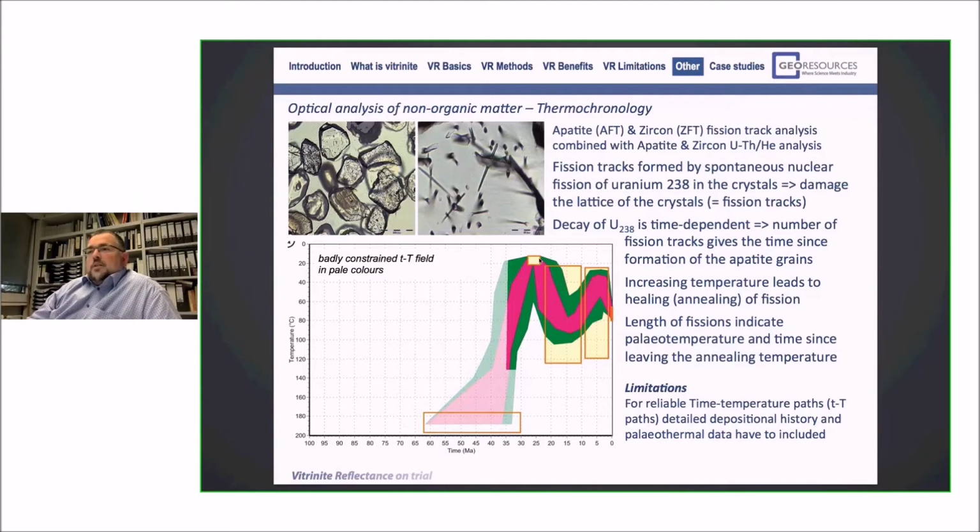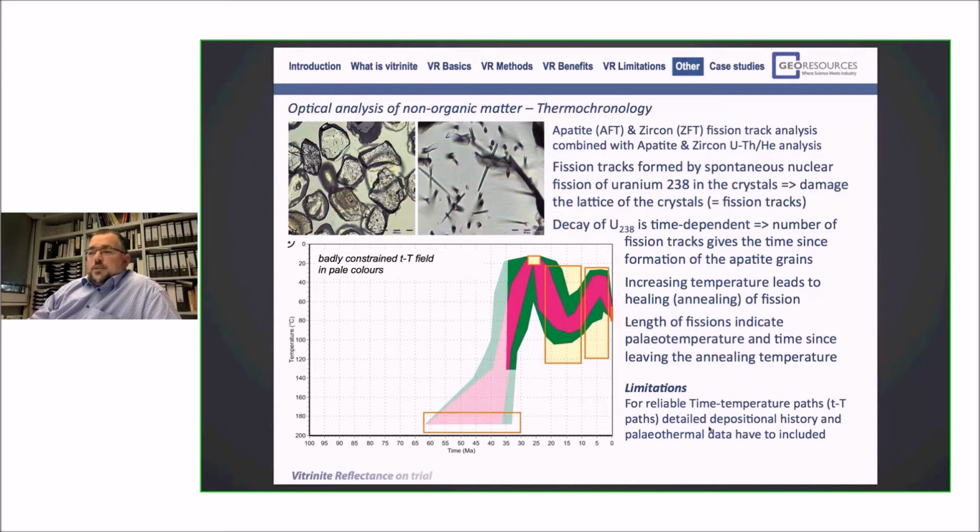These are the boxes. These are the data that we have from other methods, depositional history, maximum thermal overprint, and then we can create a relatively accurate, very good time temperature modeling of cooling, heating, cooling, heating.